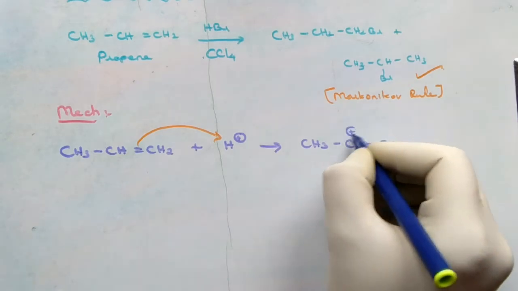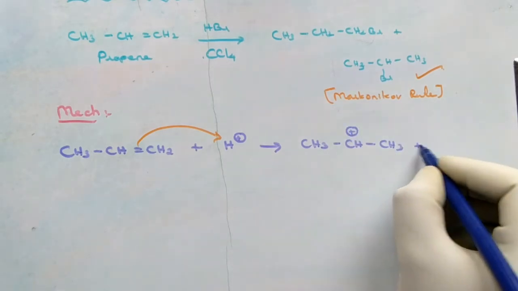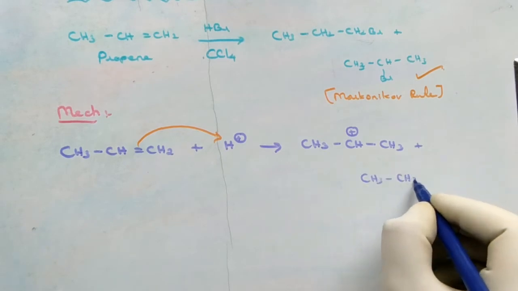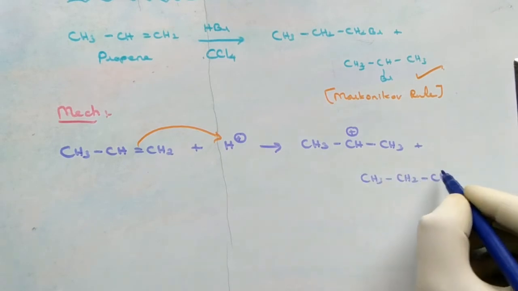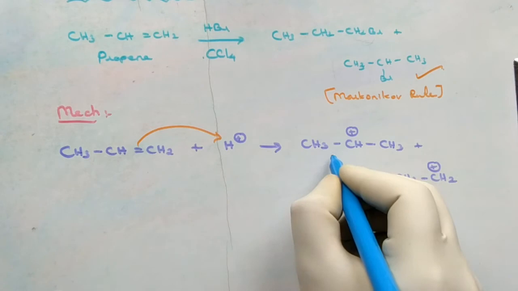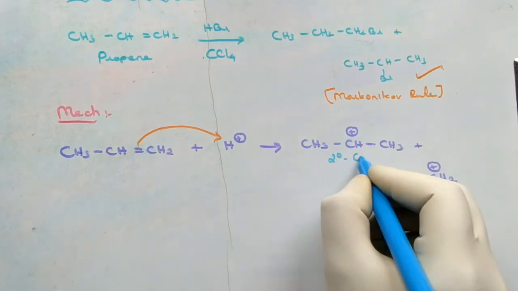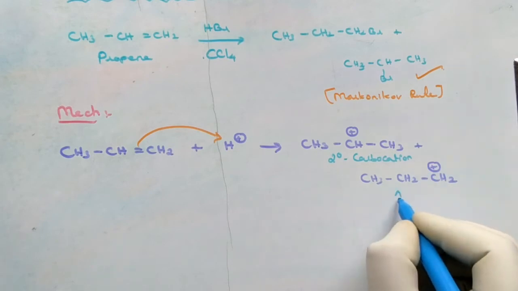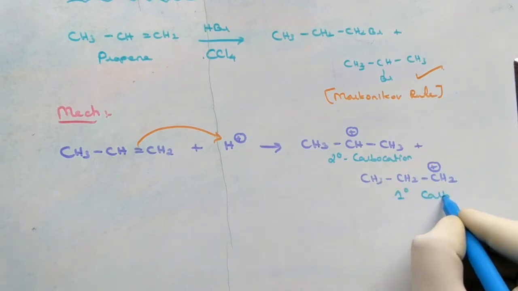If it is added to the first carbon, then we will get an intermediate like this. If it is added to the second carbon, then we will get an intermediate like this. So the first intermediate is a secondary carbocation, and this one is a primary carbocation.